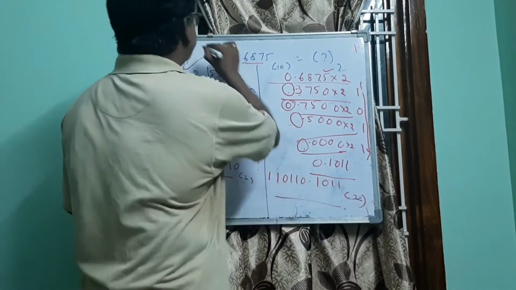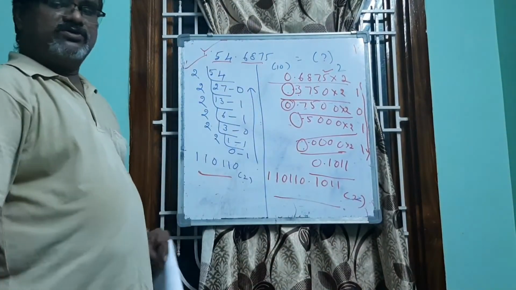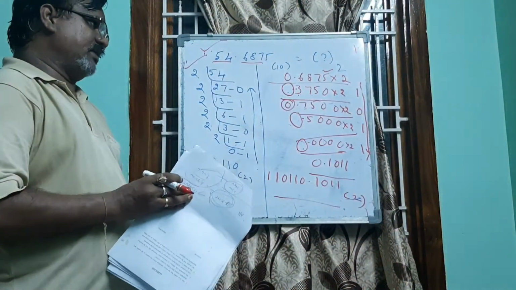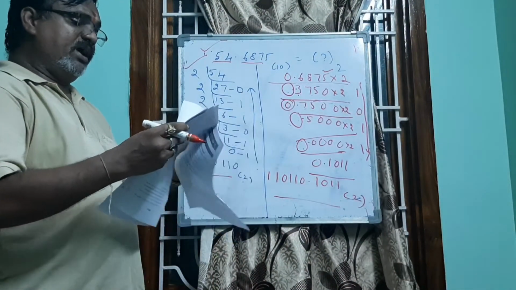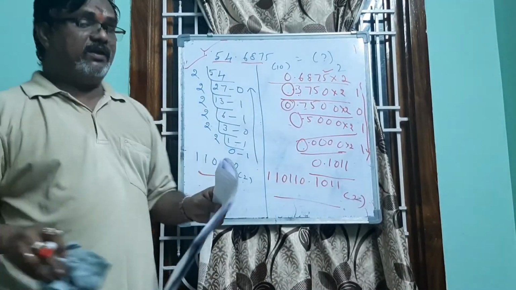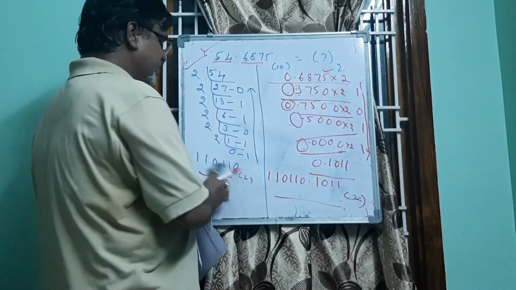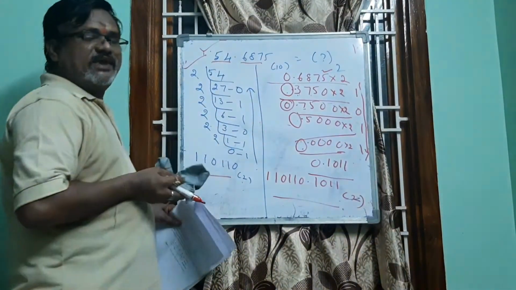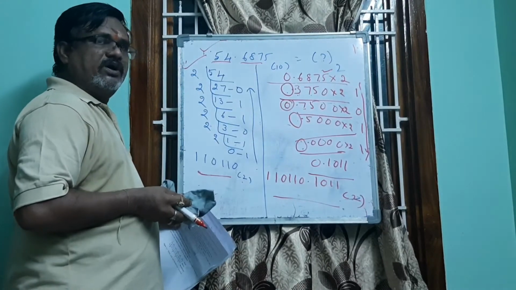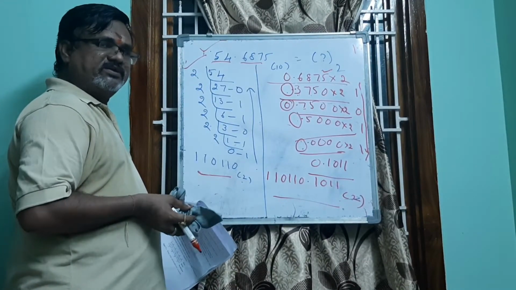This is the way we convert a decimal fractional number into binary. Let's take one more example for easy understanding. I think by this time you might already have an idea about converting the fractional parts also.